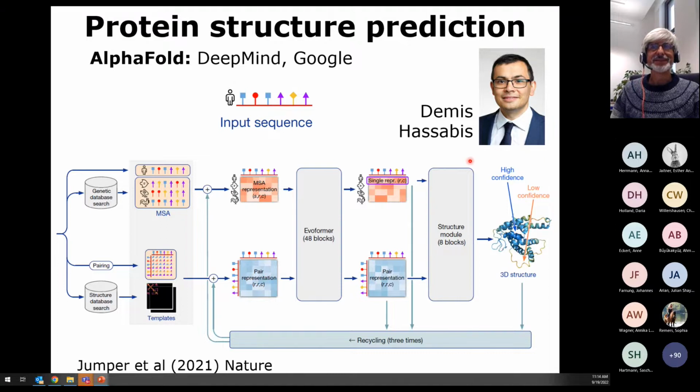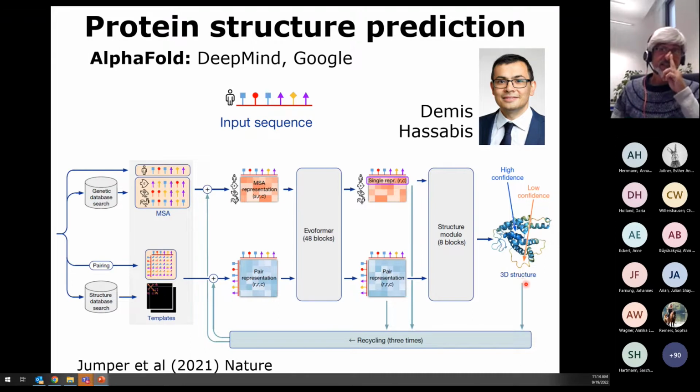This guy is the brain behind it, and this is a diagram, basically just saying what I said before, that there is like a loop in this process, but then in the end, your query is a sequence. You use the multiple sequence alignment, but then in the end you predict a structure.